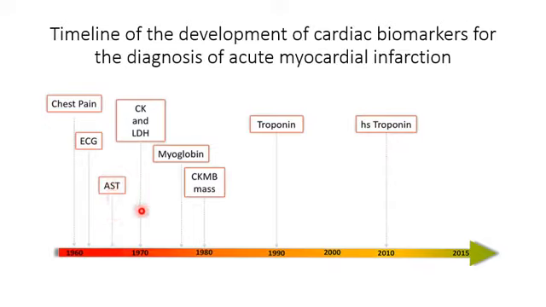Then by the 1970s, CK and LDH developed, and in the late 70s and the beginning of the 80s, myoglobin and CKMB started to be used. From the 1990s, we entered the era of troponins as the best cardiac marker that can be used and enter into the definitive diagnosis.